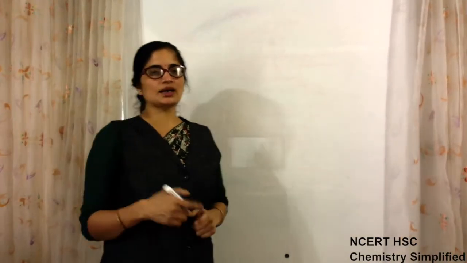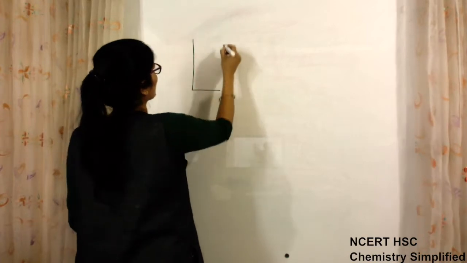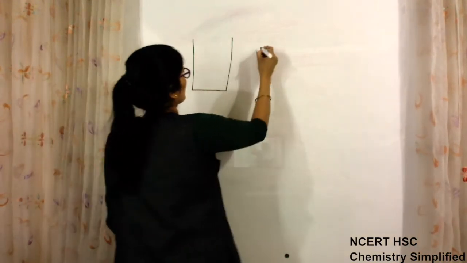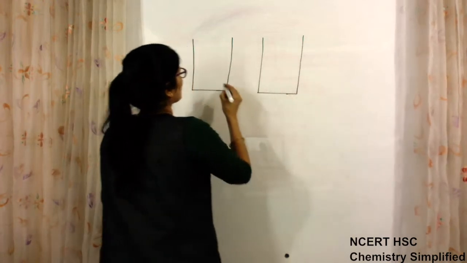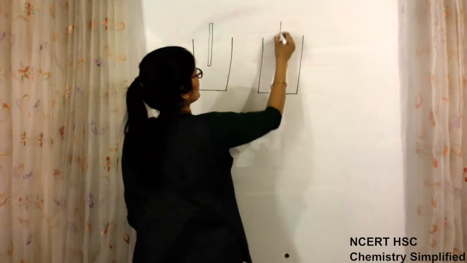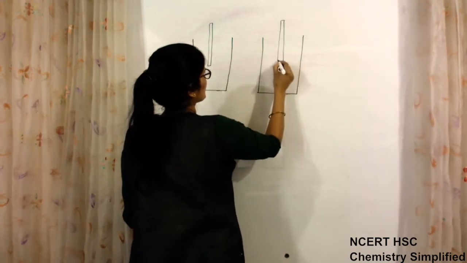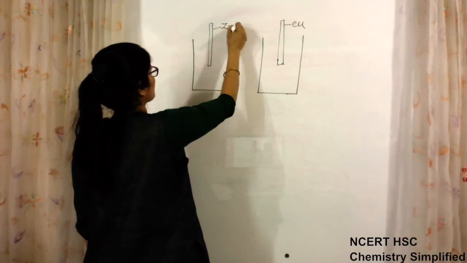I told you one thing, that when these standard electrode potentials are measured, at that time we are taking containers, one is your anode and another is your cathode. Now when you take electrodes, suppose this is copper in Daniell cell and this is zinc electrode.